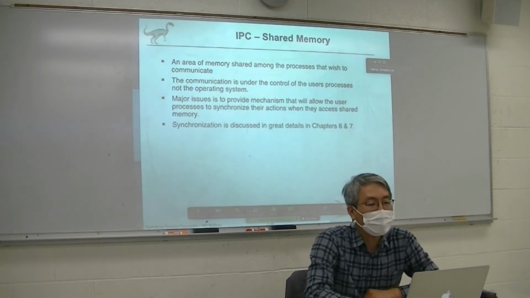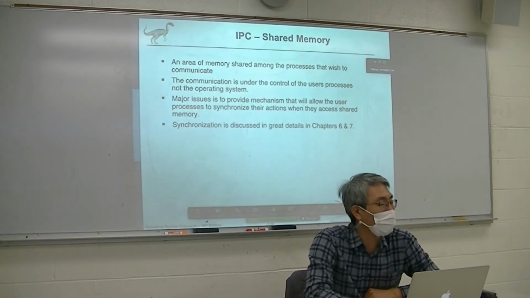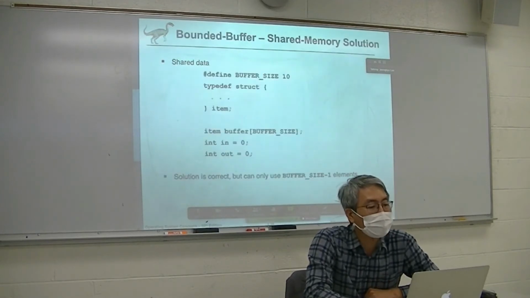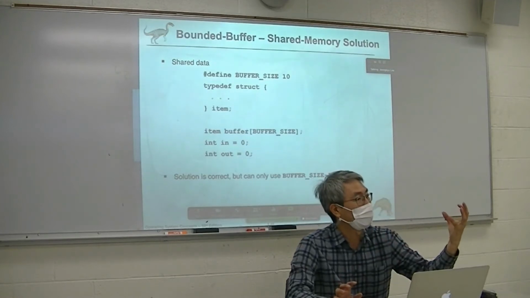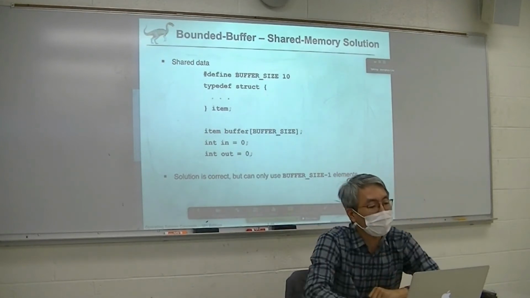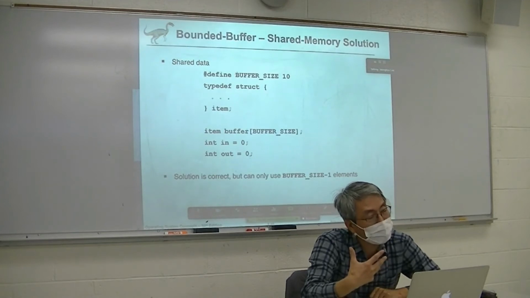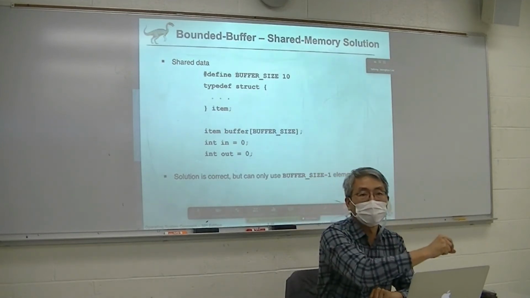Okay, then first the shared memory. IPC means inter-process communication. So among the IPC, the shared memory is one of the methods. We are going to create such a buffer area. Buffer means the memory, the shared memory area. For example, in terms of producer and consumer, the producer increases the buffer, puts the data.